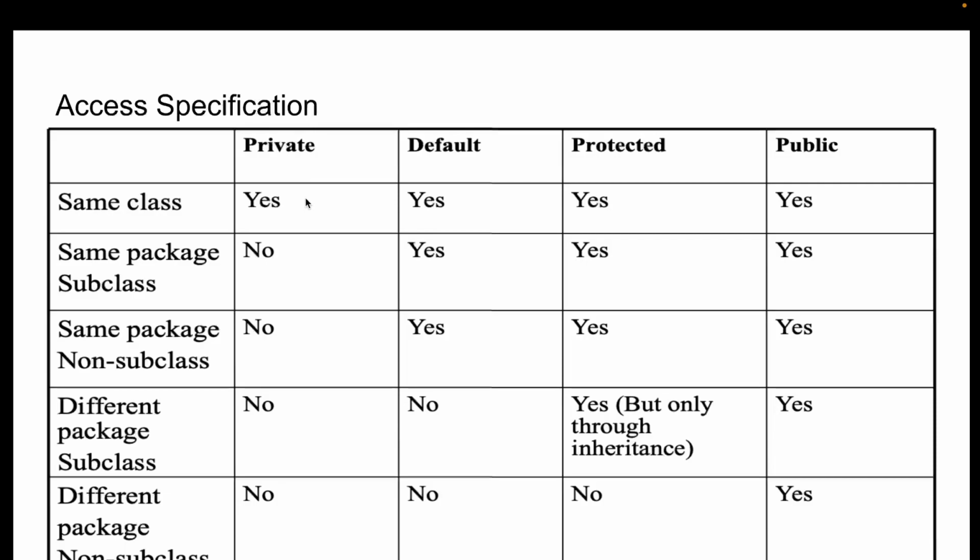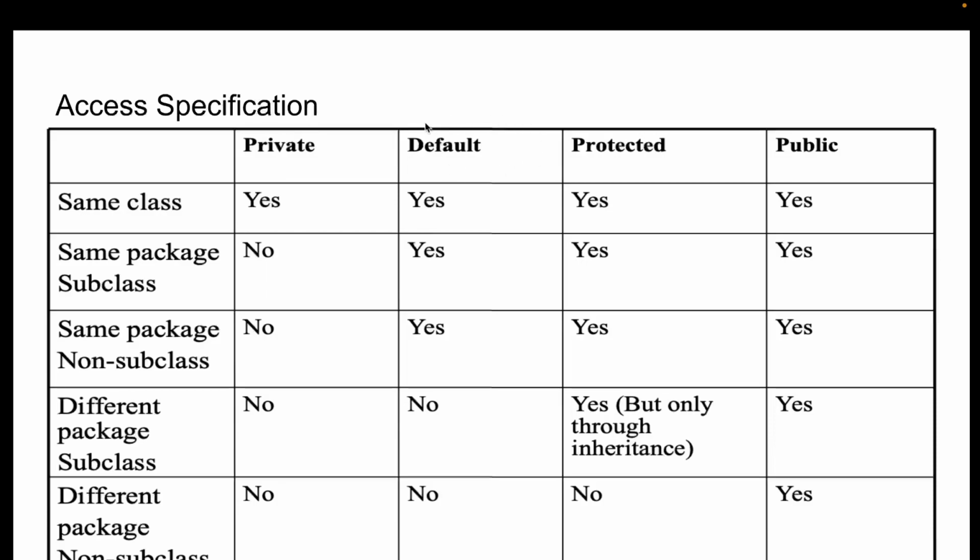Suppose you have created some private method or a private variable. That will be accessible only in the class you create. It will not be accessible anywhere else. Even if it is in the same package and you have a different class, it will not be accessible. Any private method or private variable that you create will be accessible only in the same class.